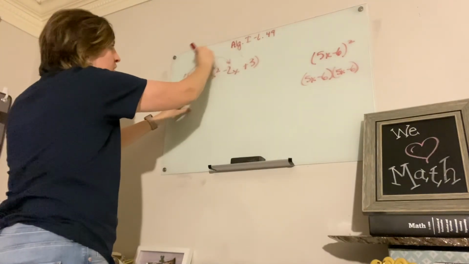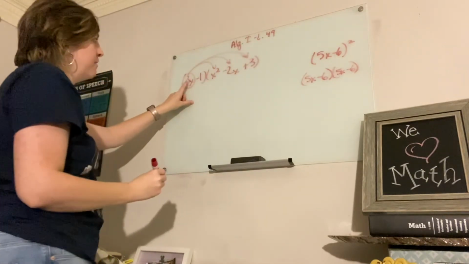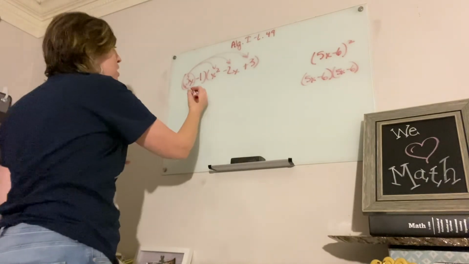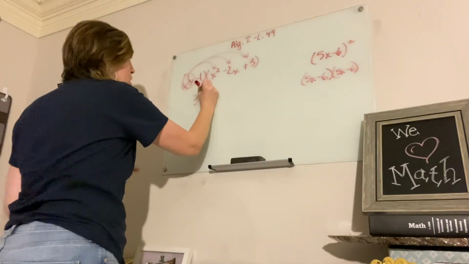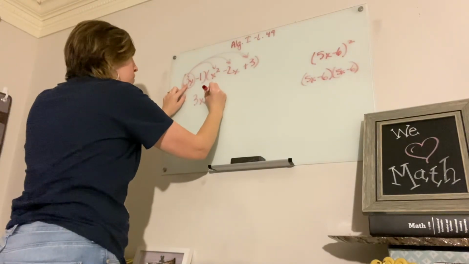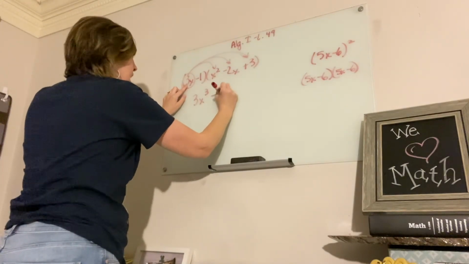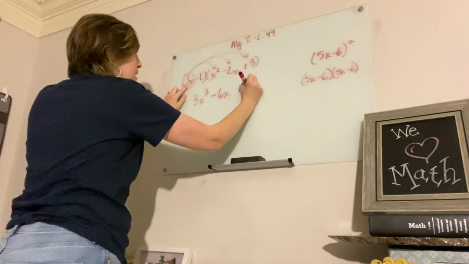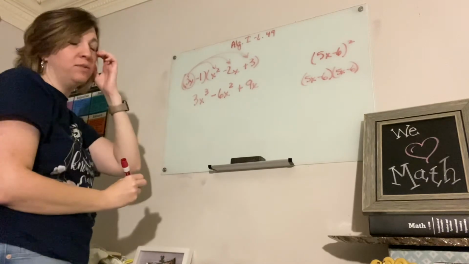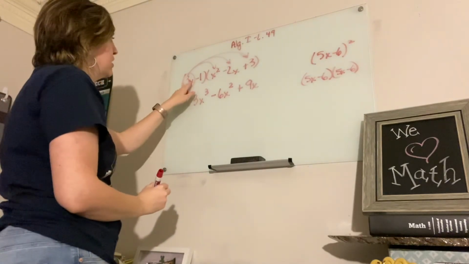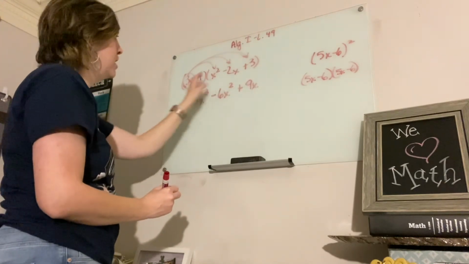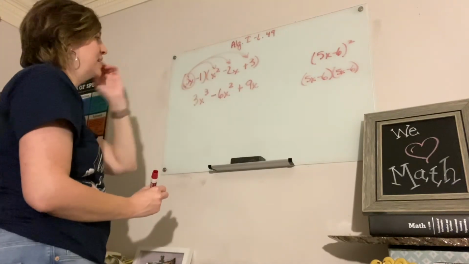Now I've got 3 terms, so I have to make sure my first term in my binomial goes to all 3 in the trinomial. So that would be 3x cubed, and then 3x times a negative 2x would be negative 6x squared plus 9x. Oh, and watch, that was x times x, which would be x squared. Watch those exponents, friends. All right, so, and notice it was 2, 1 constant. Now it's 3, 2, 1 because we distributed an x to everything.